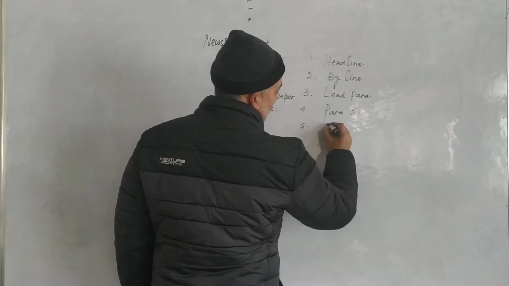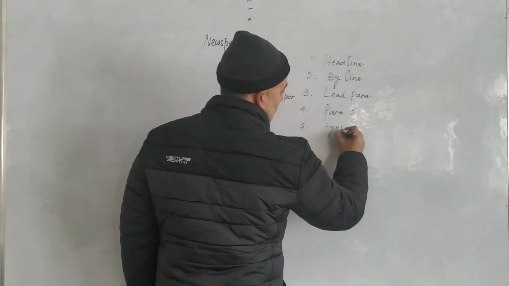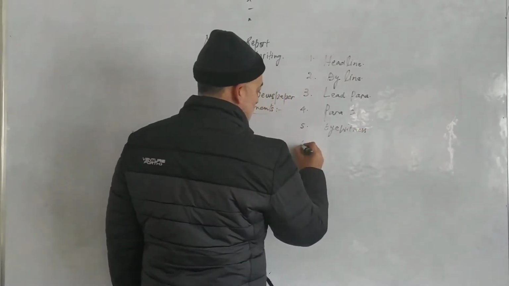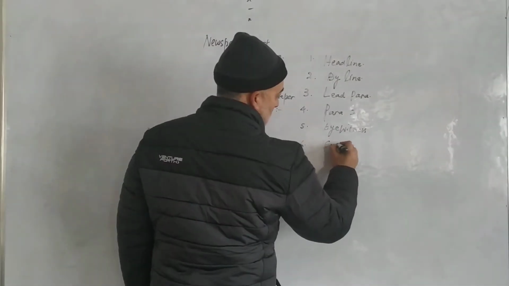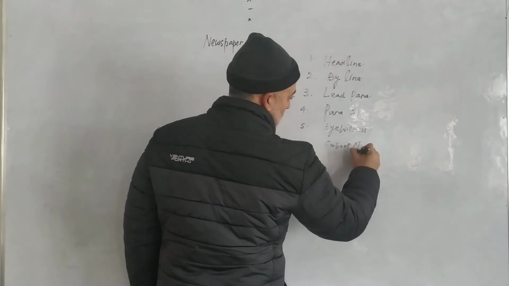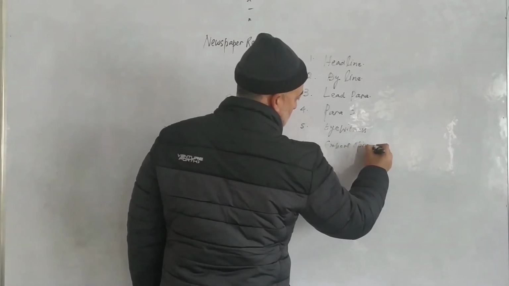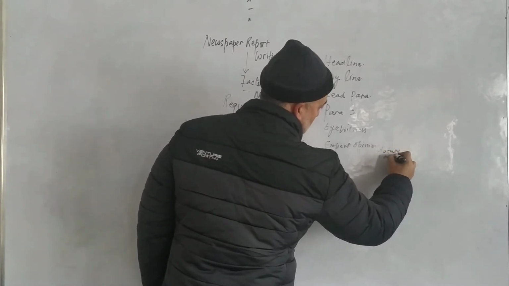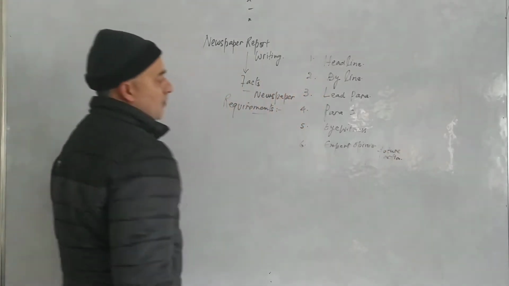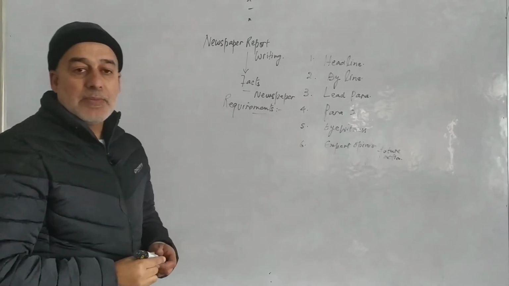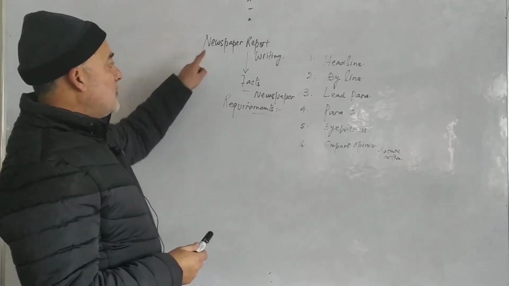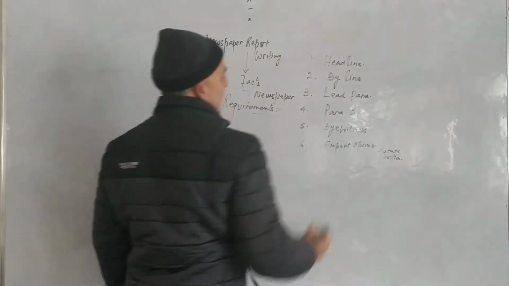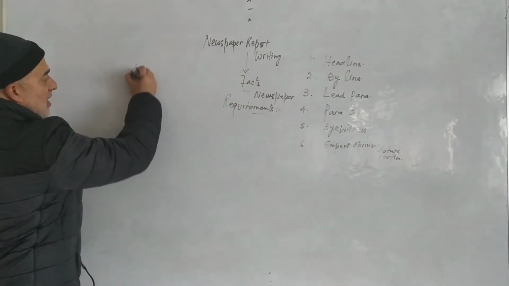Fifth, eyewitness account. Sixth, expert opinion or future action. These are the 6 requirements of a good newspaper report writing. So let us discuss one by one. First, let us discuss headline.